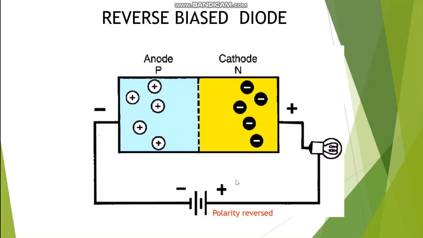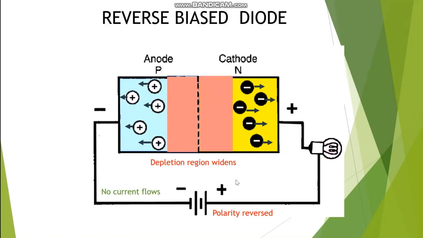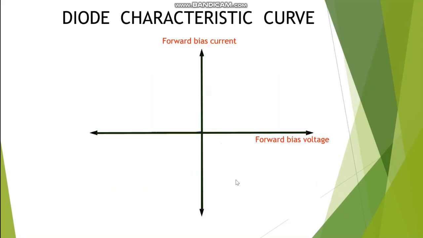We end up creating what's called a depletion zone, meaning it is depleted of any potential charge. So there's no ability for it to conduct. Of course, we can make it conduct in reverse bias, but in doing so, we destroy the diode.